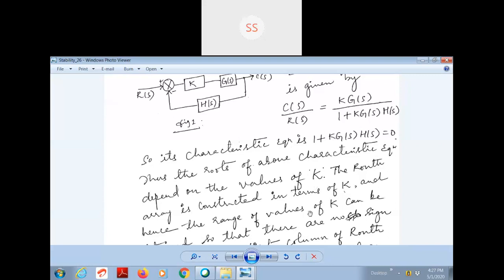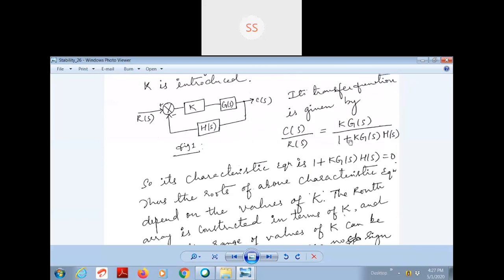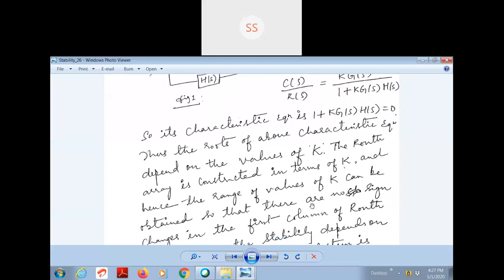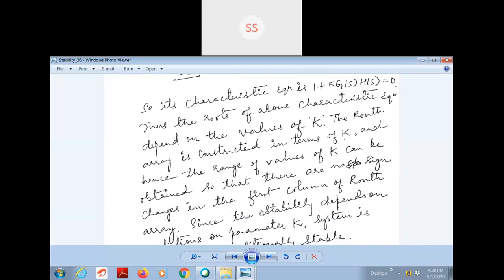Therefore, for this characteristic equation, we can write the root stability criterion, and use it to find the range of k values which will make the system stable. Here the root array is constructed in terms of k, and hence the range of k values can be obtained so that there are no sign changes in the first column of the root array.